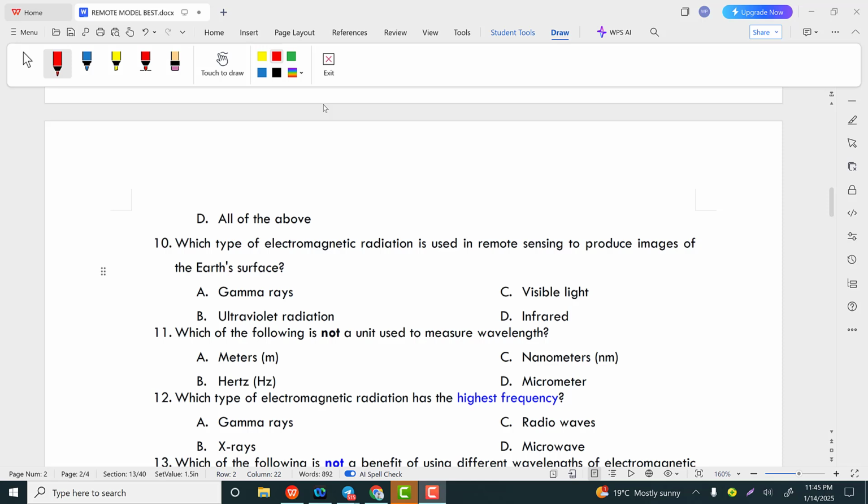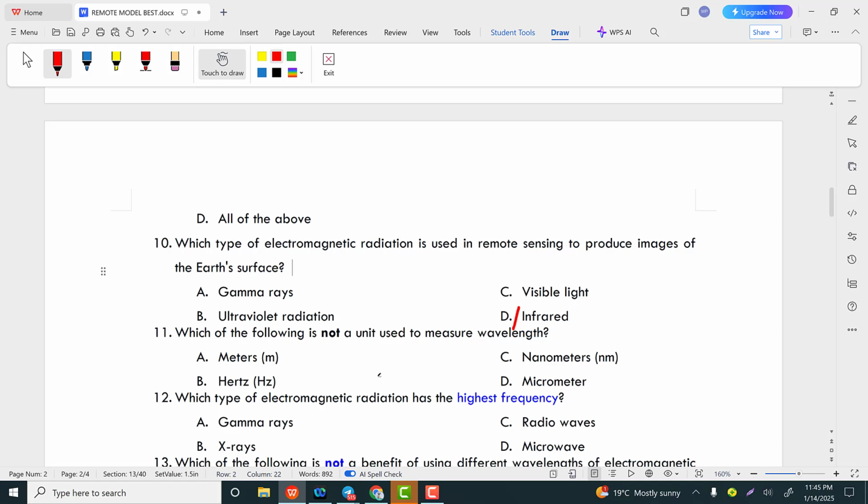This allows for the creation of thermal maps of the surface, which are invaluable for studying surface temperature variation, vegetation health, like stressed plants often emit more heat, volcanic activities, urban heat, and water body temperature. All these are very crucial for remote sensing. So from the available options, I would like to select infrared. So the answer is D.